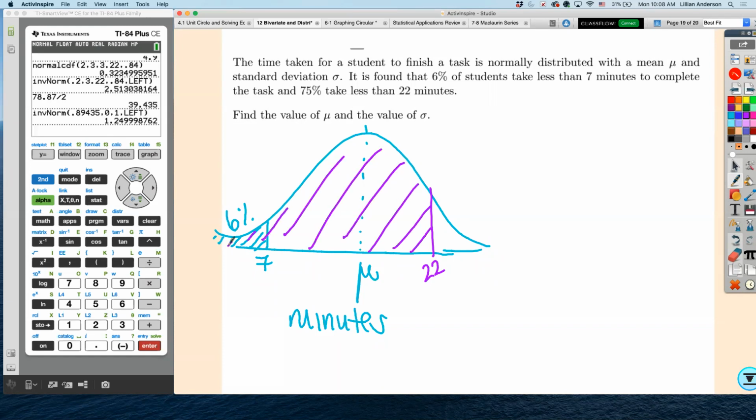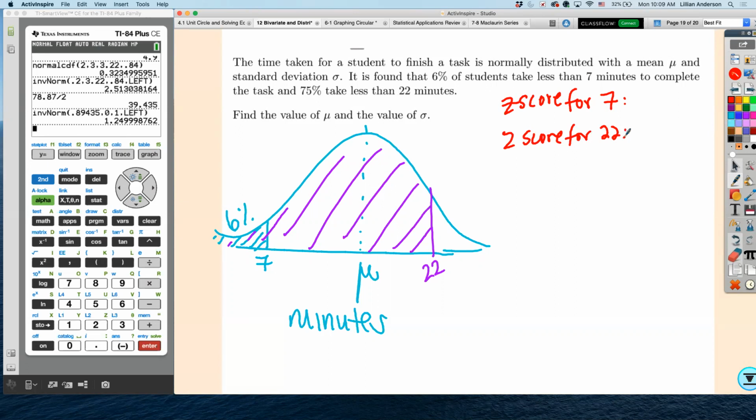So it's always important that when you do your normal distribution curves, you place the values where they're supposed to be, either to the left or to the right of the mean. Doesn't matter how far, as long as it's to the left or to the right. So this essentially means that in order for me to find my mean and my standard deviation, I have to use the z-score, the whole inverse norm thing, twice. Once to find the z-score for 7, and then another time to find the z-score for 22.